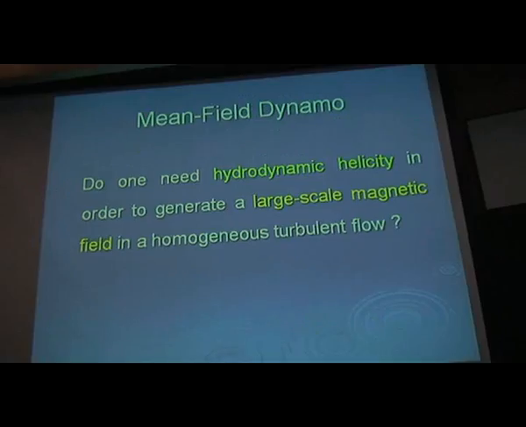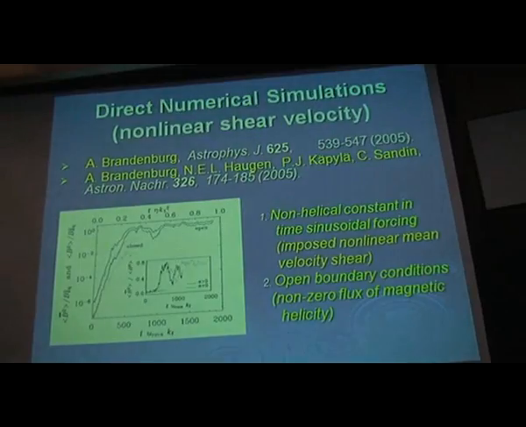But do we really need kinetic helicity or kinetic helicity fluctuations in order to generate a large-scale magnetic field in homogeneous turbulent flow? The answer is, we don't need it. The first simulation was done by Brandenburg in 2005, published in two papers.